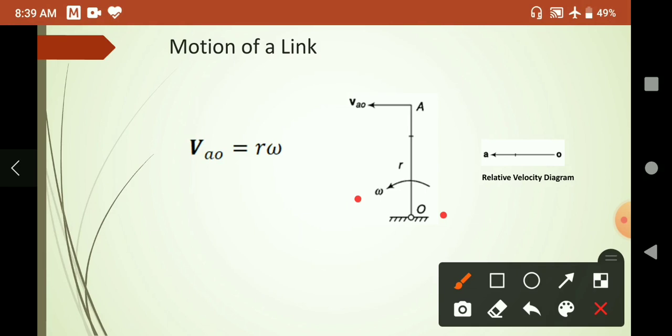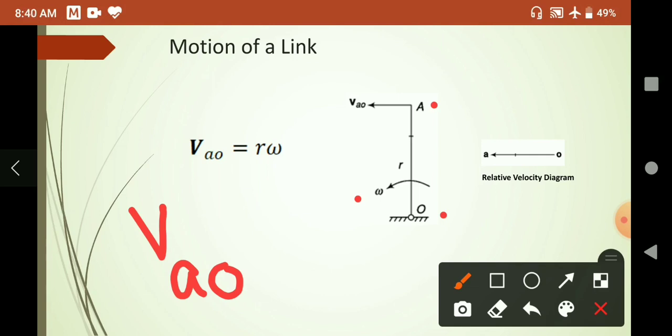We are going to find the velocity of point A relative to O, which is the fixed point. When you are asked to find the velocity of point A relative to O, you must find the magnitude of the velocity and the direction of the velocity.